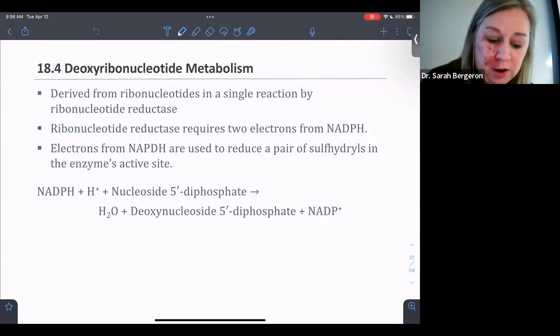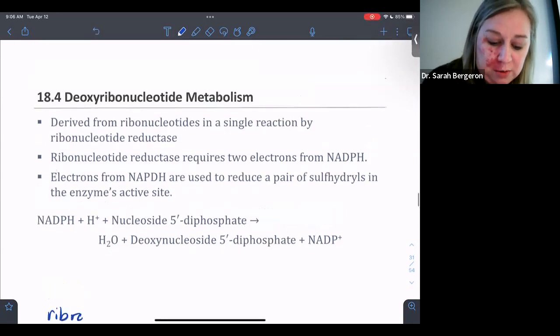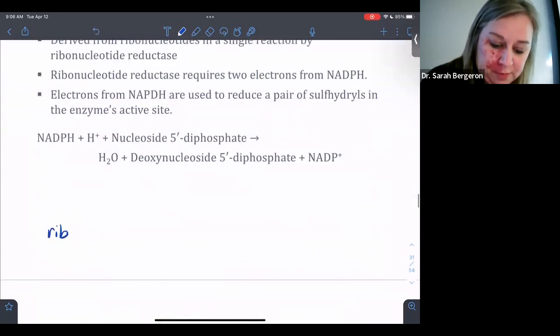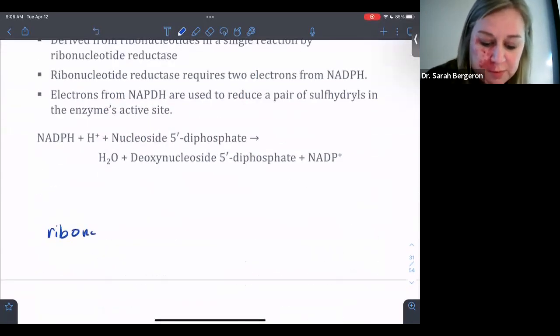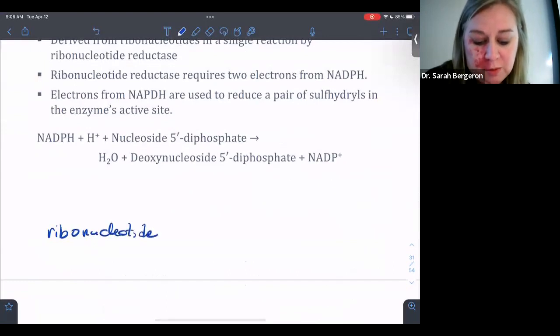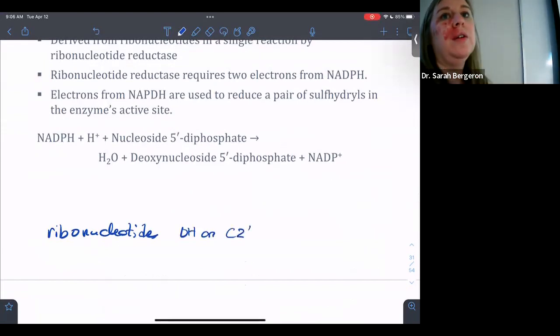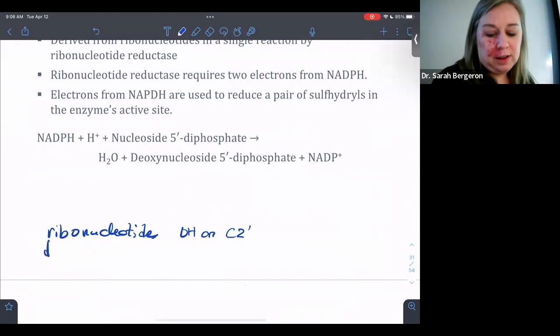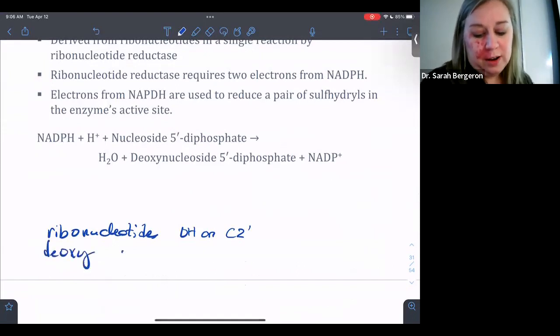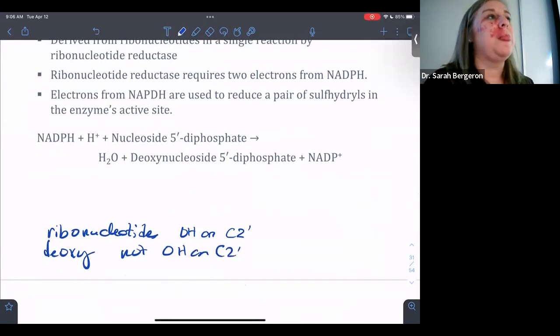So on ribonucleotides, RIBO, ribonucleotides, you have an OH on C2. Deoxy is no OH on C2. So why?